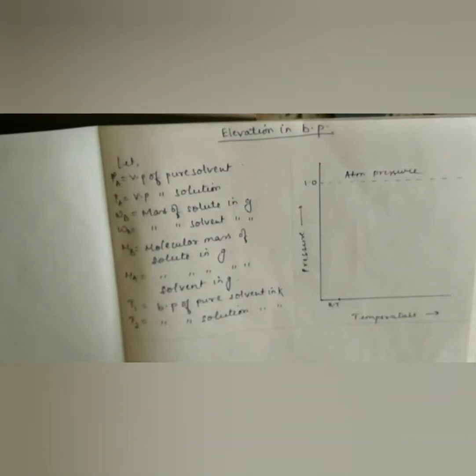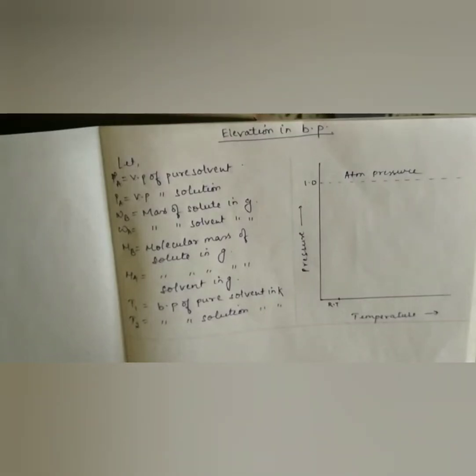So now let us proceed to our second colligative property, which is elevation in boiling point. When a non-volatile solute is added to a volatile solvent, then lowering of vapor pressure takes place. Consequently, the boiling point of the solution increases.